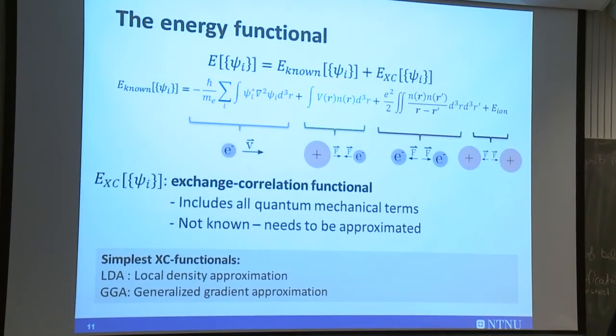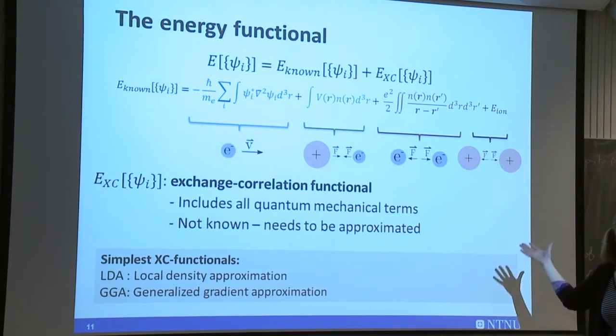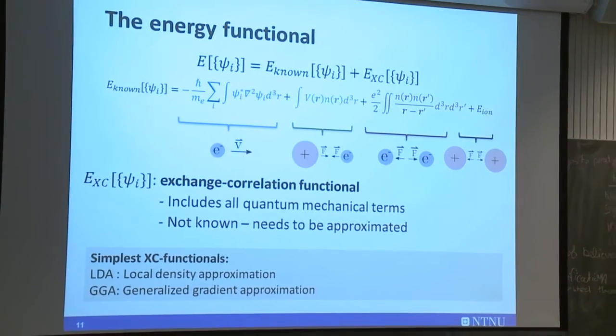So let's talk a bit about this energy functional. This energy functional can be divided into 2 main parts, the one that is known and the one that is unknown. So the known part is basically all the energy terms that we have already seen, the kinetic energy, and then all the potential energy terms, which is connected just to the Coulomb interactions, right?